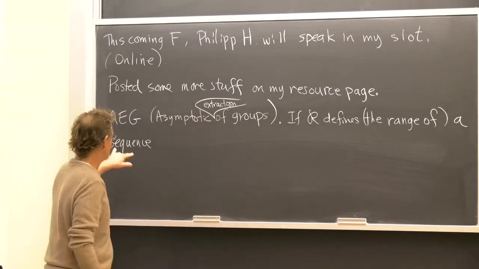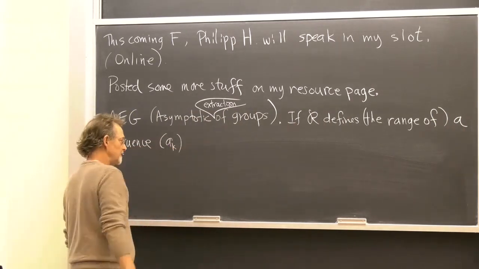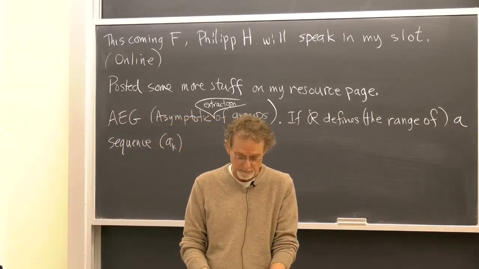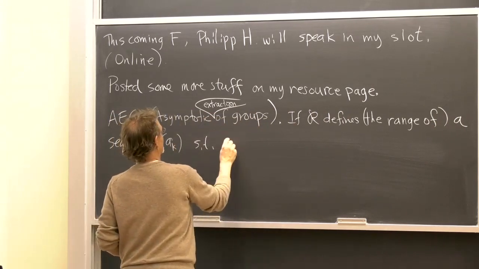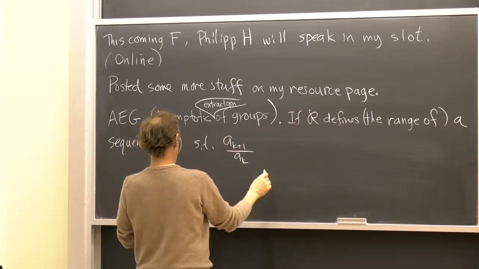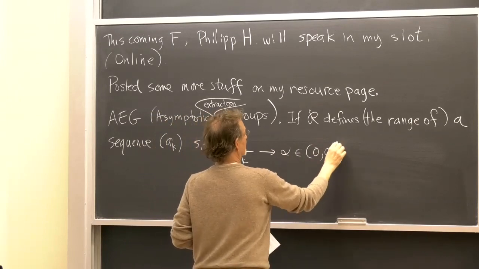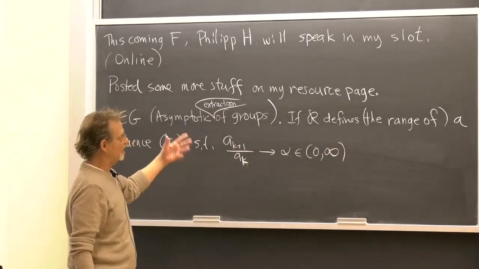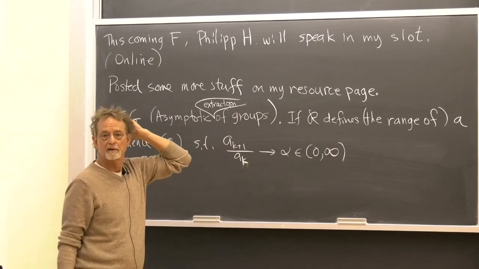But I mean the set of all the values. And these will be real numbers, with some appropriate assumptions on them that will come up, such that a sub k plus 1 over a sub k goes to some alpha that's a positive real number. All right, so of course, what this means is that from some point on, all of these guys should be non-zero and so on.